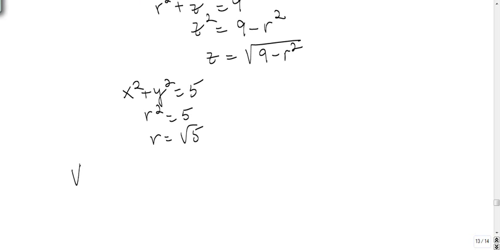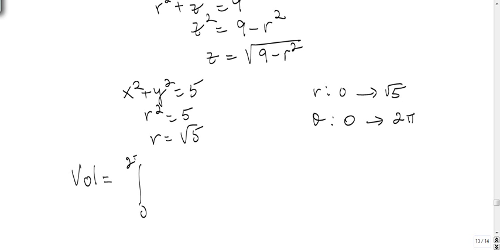Set it up. Okay, so give me your r limits, please. 0 to square root 5. And give me your theta limits, please. 0 to 2 pi as usual. 0 to 2 pi, 0 to square root 5.